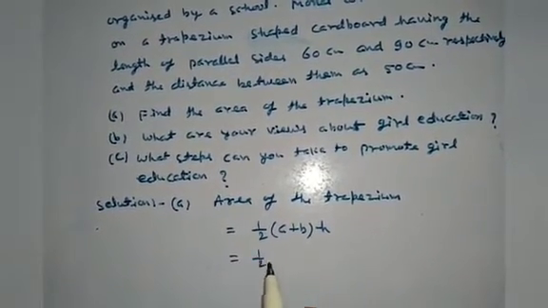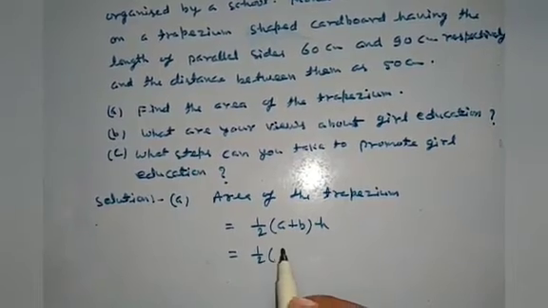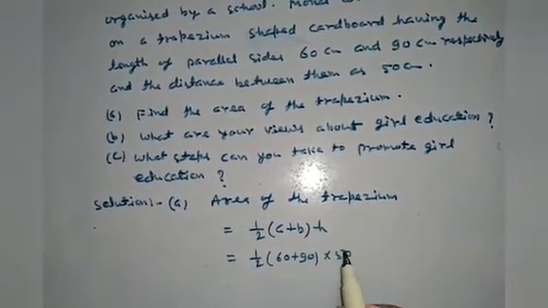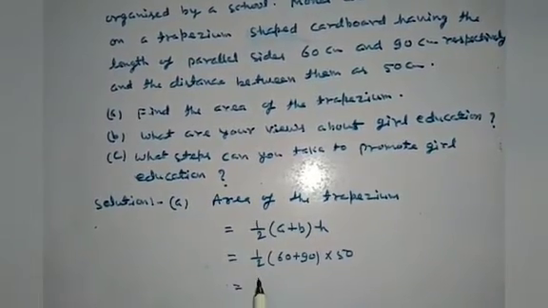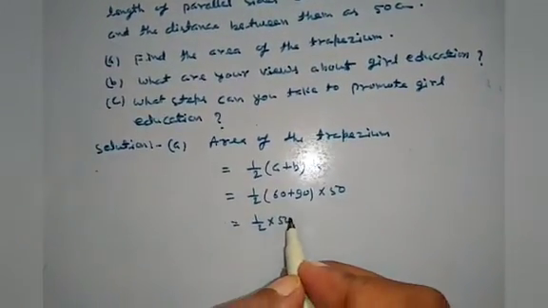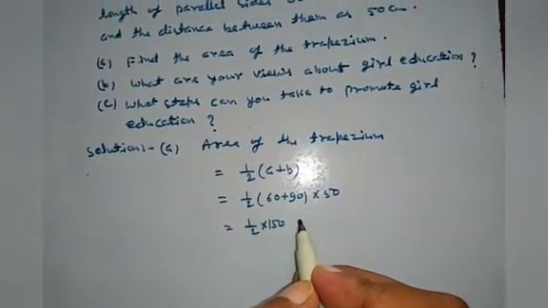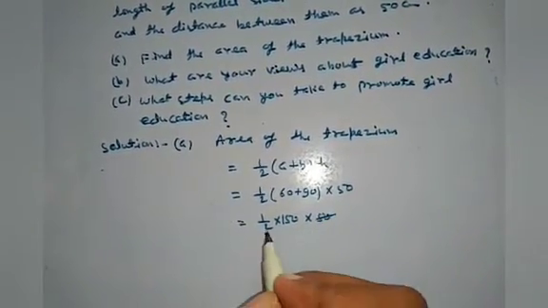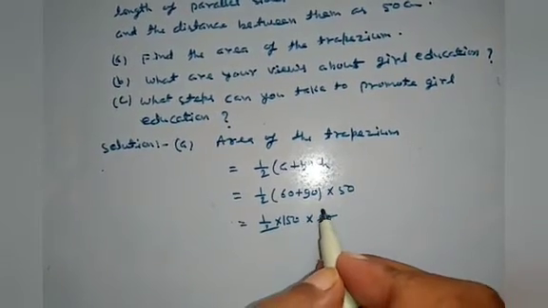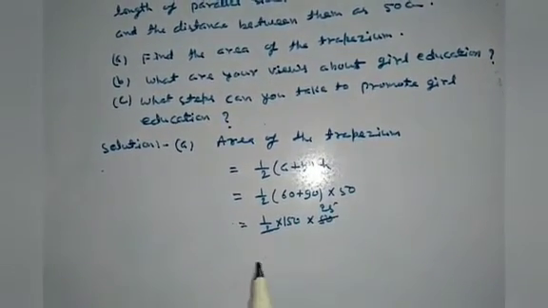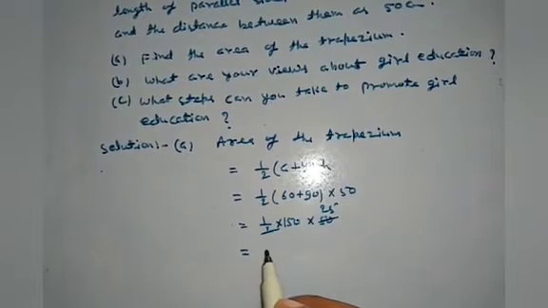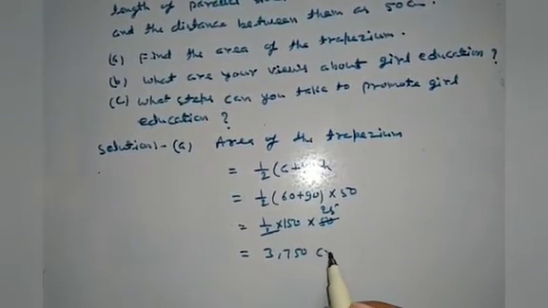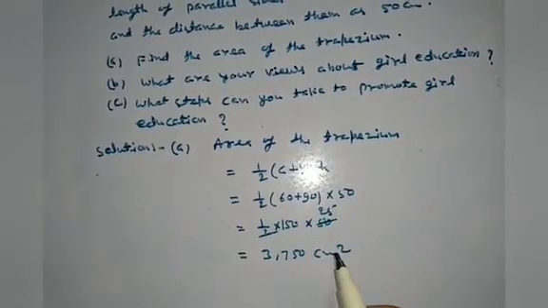Equal to half into (60 plus 90) into 50, equal to half into 150 into 50. 50 is divisible by 2 25 times, equal to 3750 centimeter square. This is our answer.